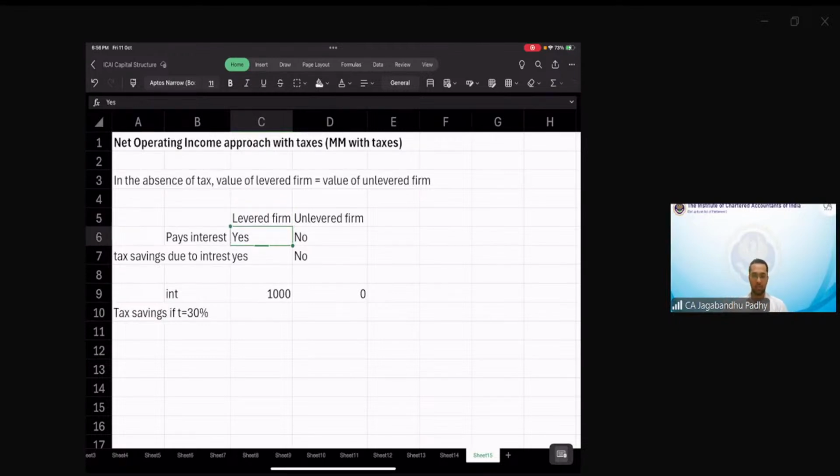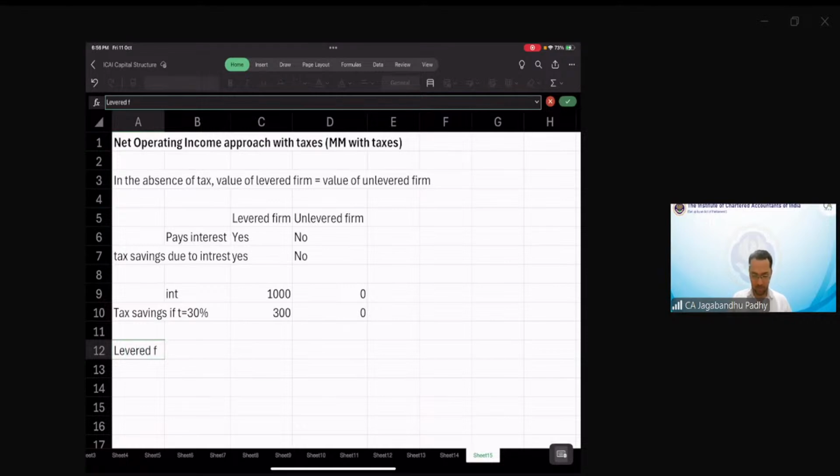If the tax rate is 30%, what will be the amount of tax saved by the levered firm? Can I say 300, and over here it is 0? So the levered firm will have an incremental cash flow of rupees 300 as compared to the unlevered firm.